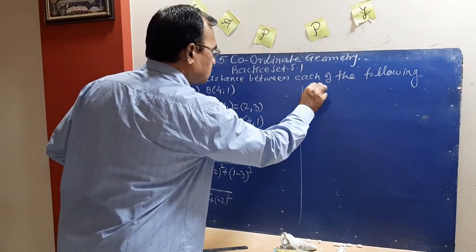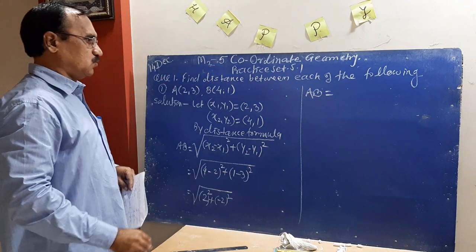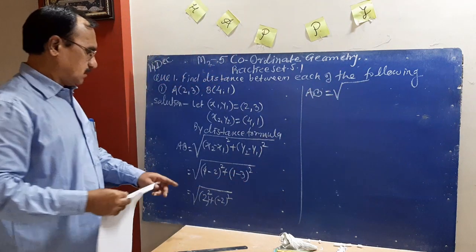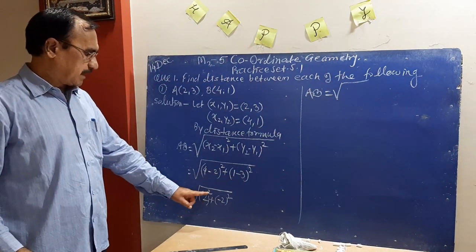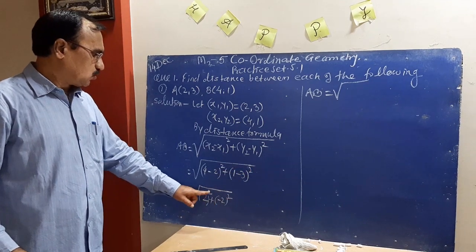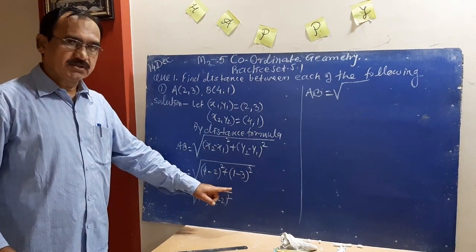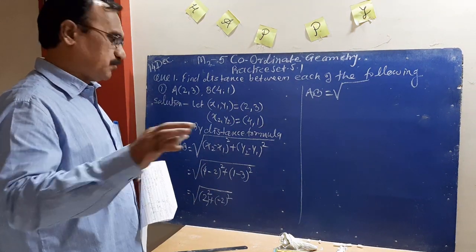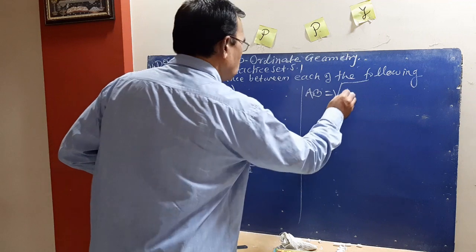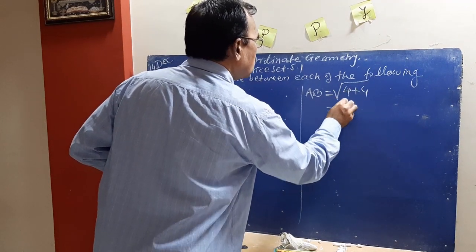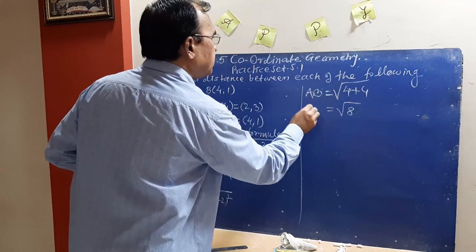Again here AB is equal to under root (4 minus 2) square plus (1 minus 3), that is (minus 2) square. 2 square is 4 and minus 2 square is also plus 4, because minus into minus becomes plus. Under root 4 plus 4 is equal to root 8.